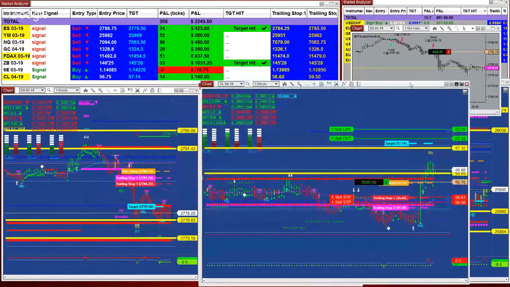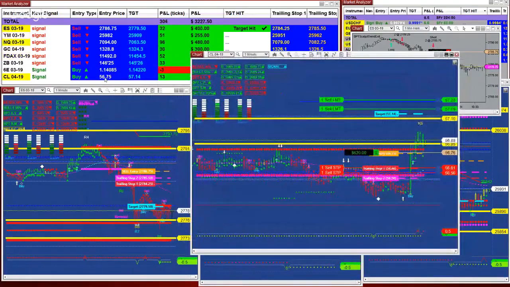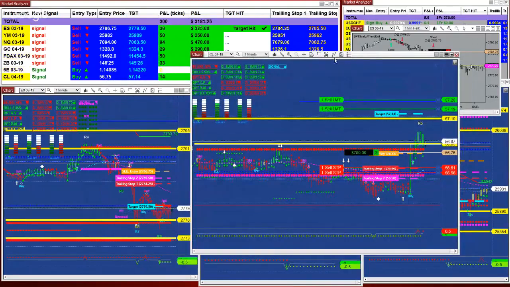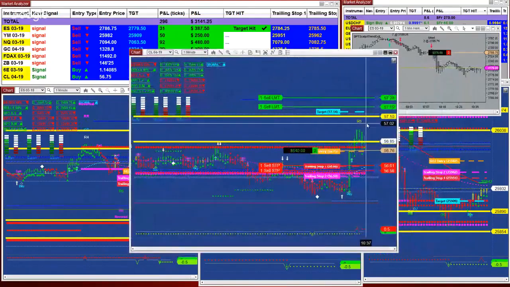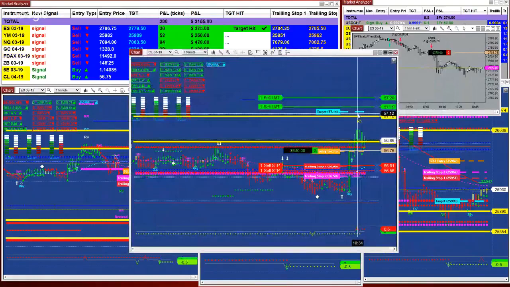On the CL, we have an entry at 56.75, target 57.14. You're probably not going to be able to make it to the 14 because of the zone at 57.12. So there are two ticks in between. We can keep our eye on it.